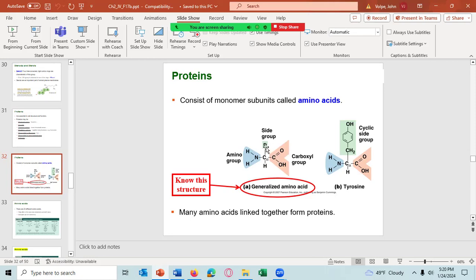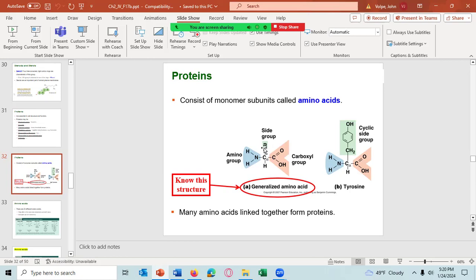There's also an R group on the amino acid. And as I mentioned earlier, R can stand for essentially anything. It's usually an organic molecule, but I guess in some cases it's actually an inorganic molecule. And there are 20 different R groups because it's the R group that determines which amino acid it is.